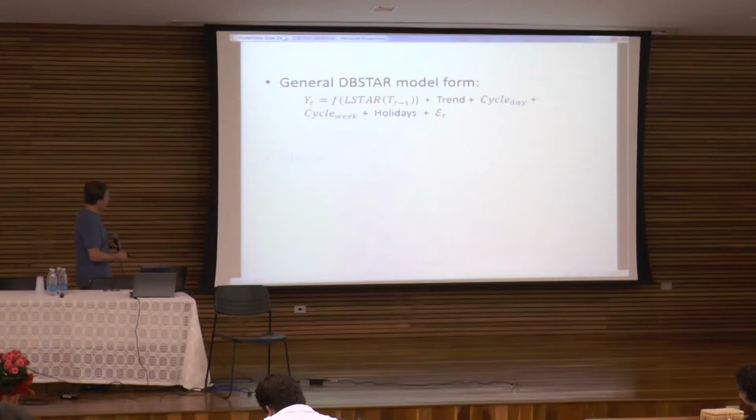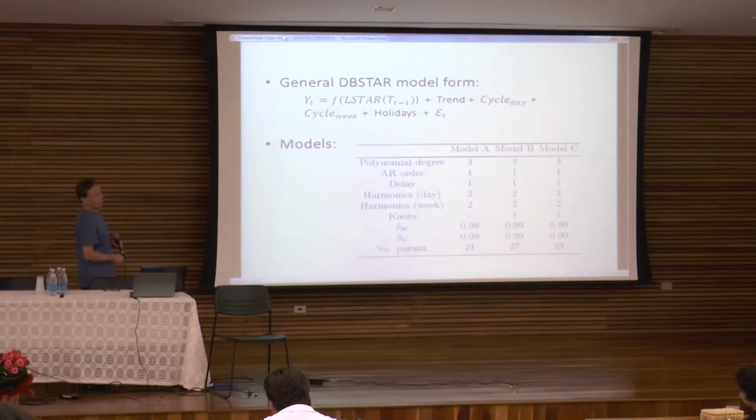So we had three competing models. Model A is a Taylor series DLM-STAR. We use the Taylor expansion of order 3 to approximate the transition function of this model.